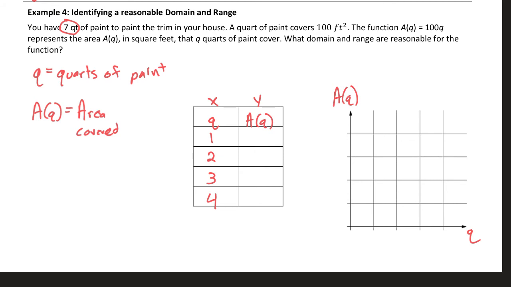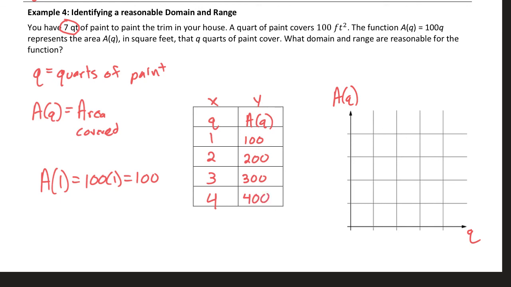Okay? So to evaluate that, it's pretty simple. 1 quart, I'm going to substitute 1 in for an input, is 100 times 1. So 1 quart, it should make sense. 1 quart covers 100 square feet. 2 quarts would cover 200 square feet. 3 quarts, 300. 4 quarts, 400.